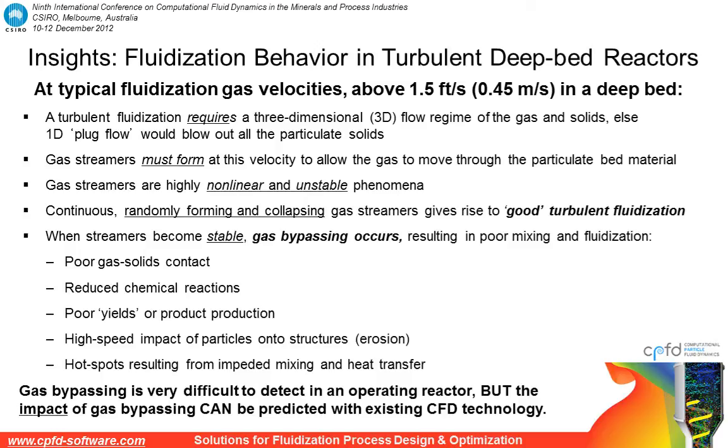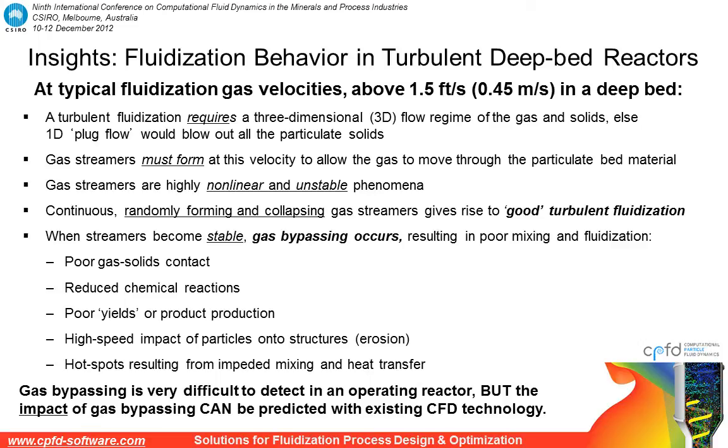Gas streamers are highly nonlinear and unstable. Continuous, randomly forming and collapsing gas streamers give rise to what we call a good turbulent fluidization. However, when the streamers become stable and attached to either walls or internal structures, gas bypassing can occur, resulting in poor mixing and fluidization.